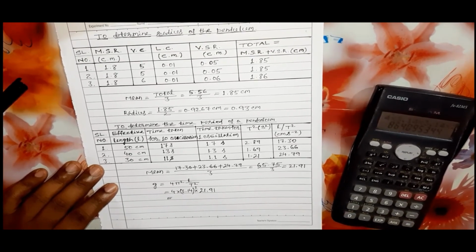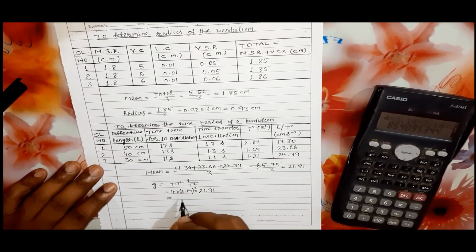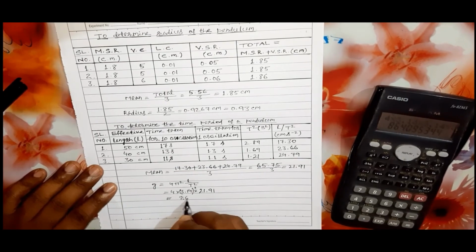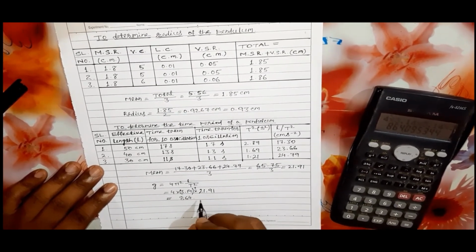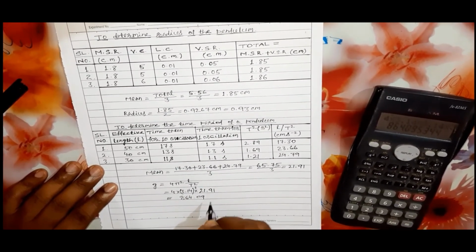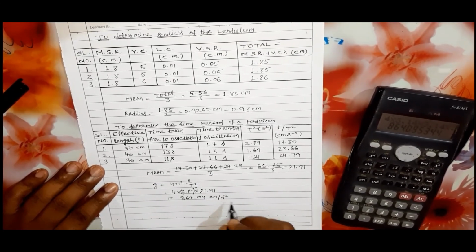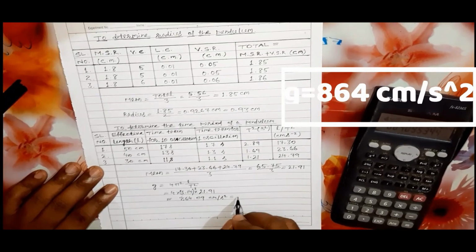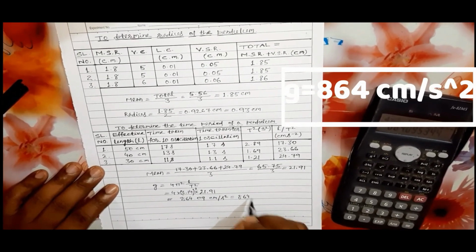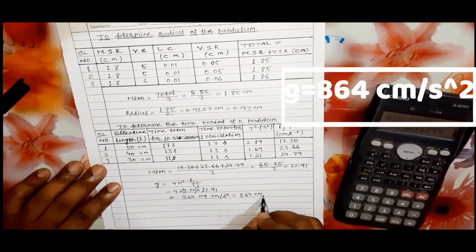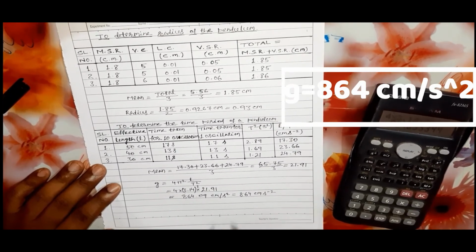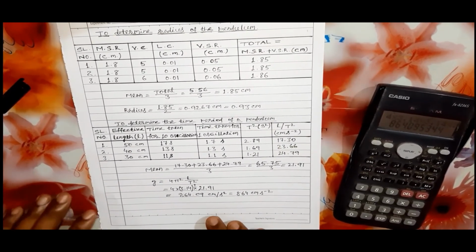So we'll get 864.09 centimeter per second square, or on average we can write 864 centimeter per second square. So this is the value of g we'll get.